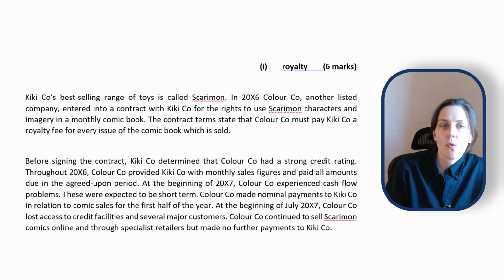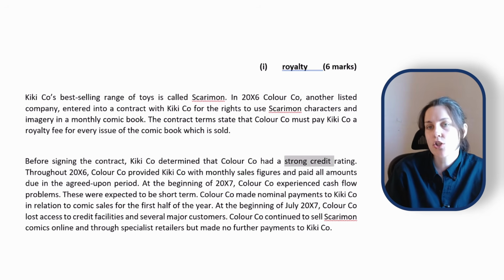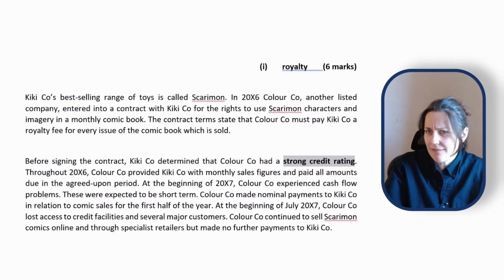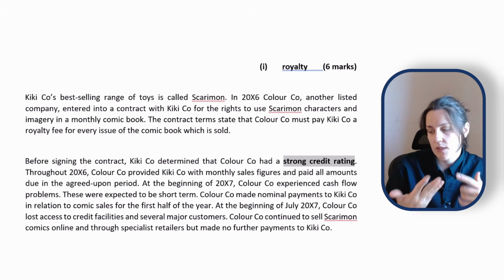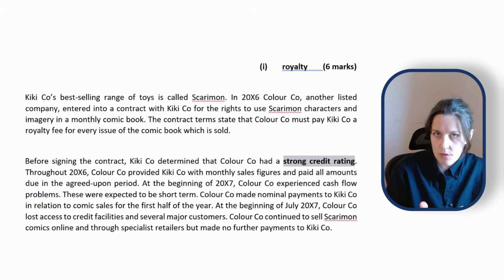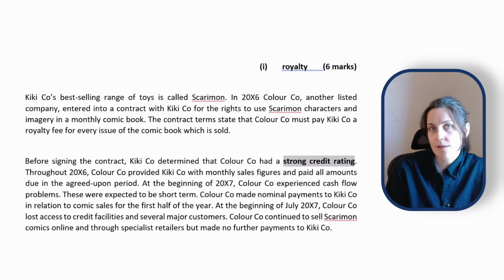Because later we're told that before signing the contract, Kiki determined that Color Company had a strong credit rating. This is something that is very specific. So we need to ask ourselves, why would we be given this very information? And we have 5 steps. So we know for sure that this is not about the allocation of transaction price. This is not about the transaction price. This is not about defined performance obligations, and maybe it's about revenue recognition, or maybe it's about step 1, identify the contract.